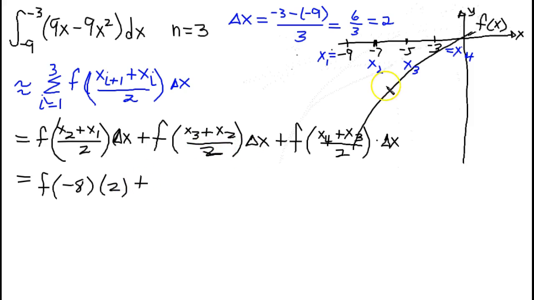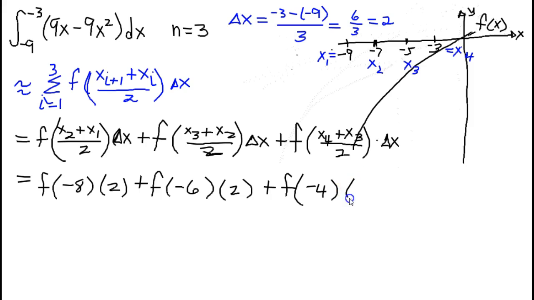Plus x sub 3 plus x sub 2 is negative 5 plus negative 7, which gives me negative 12, divided by 2, that gives me f of negative 6 times 2. Then x sub 4 plus x sub 3 is negative 3 plus negative 5, which gives me negative 8 divided by 2, or negative 4. Multiplying that times delta x.